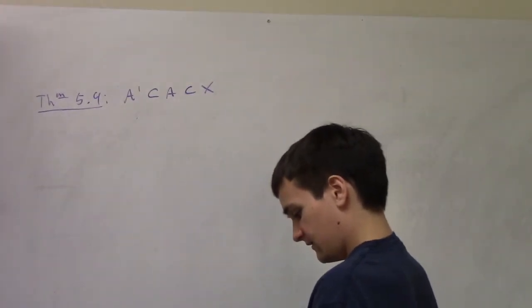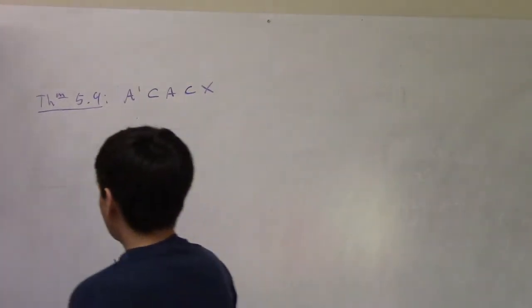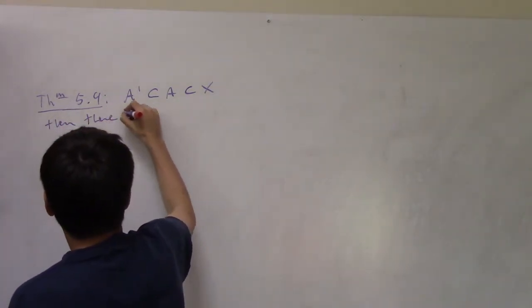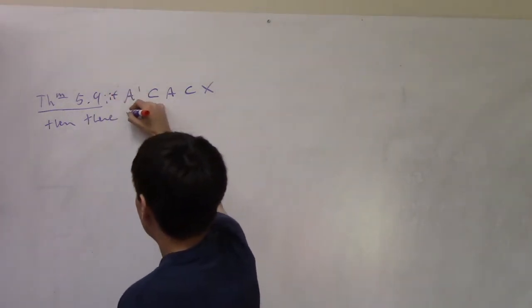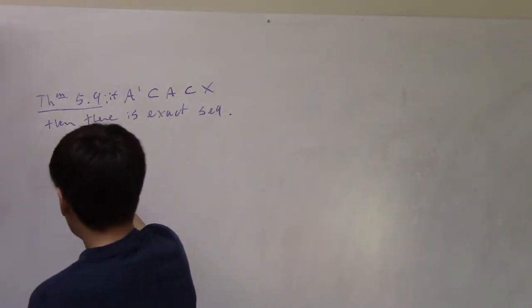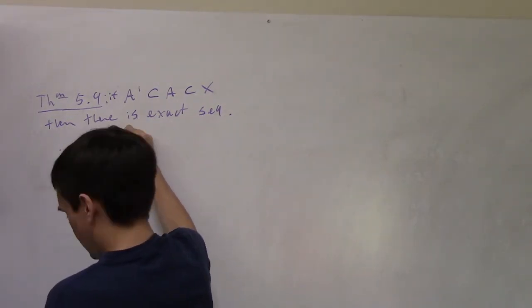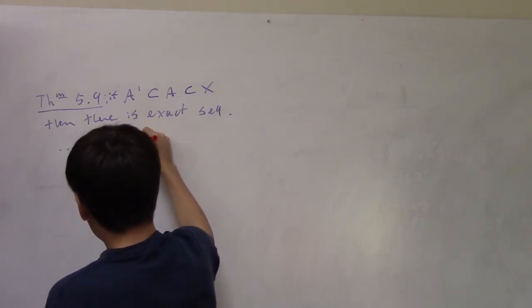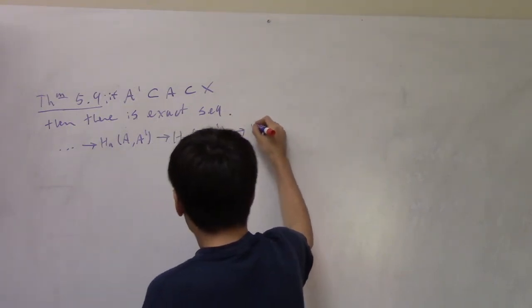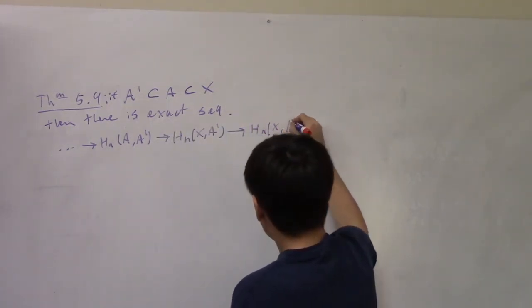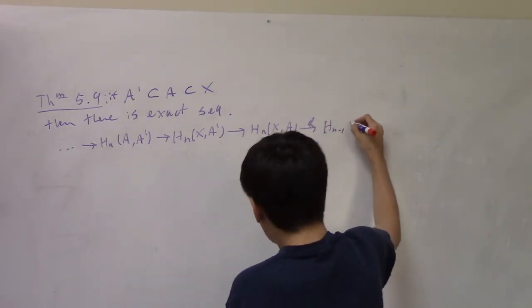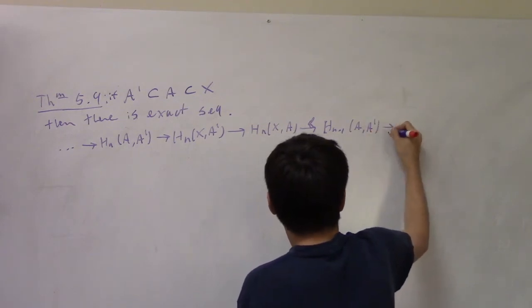If we have this, then there is an exact sequence H_n(A'), H_n(X, A'), H_n(X, A), and finally the boundary map d to H_{n-1}(A, A'), etc.